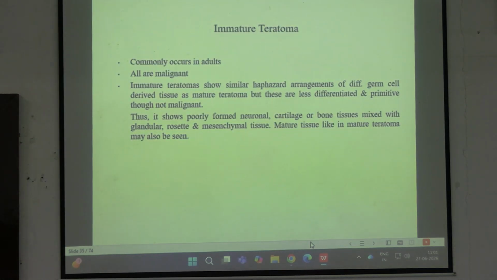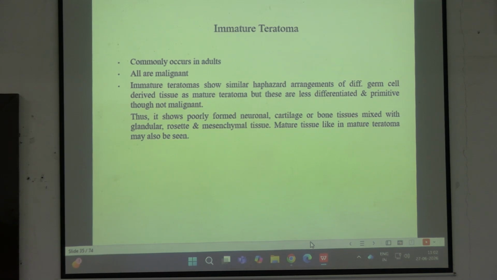Immature teratomas commonly occur in adults and they can very well be malignant. Immature teratomas can also have mature components, but they will have a certain amount of immature component which will be difficult to differentiate.